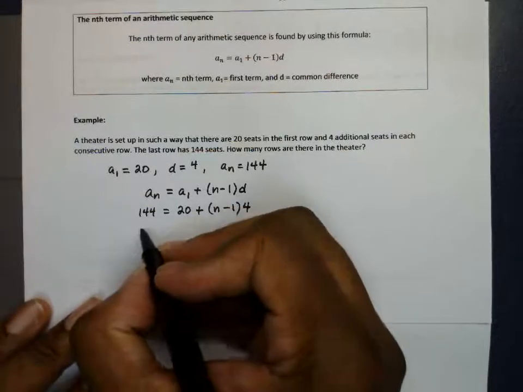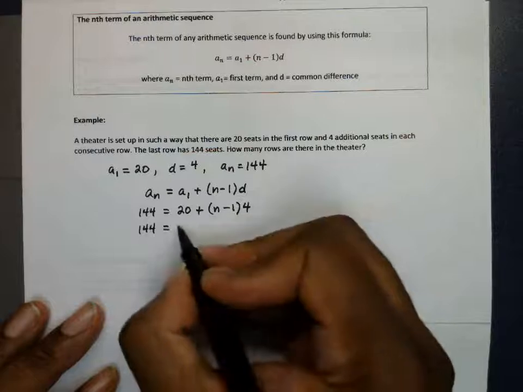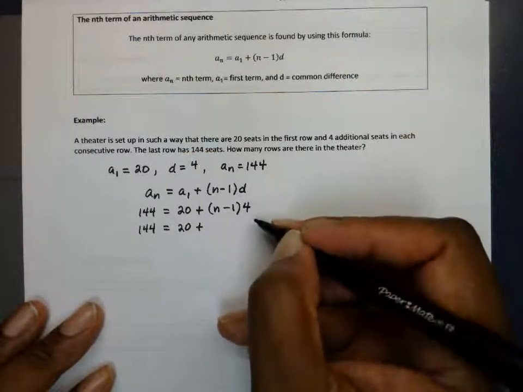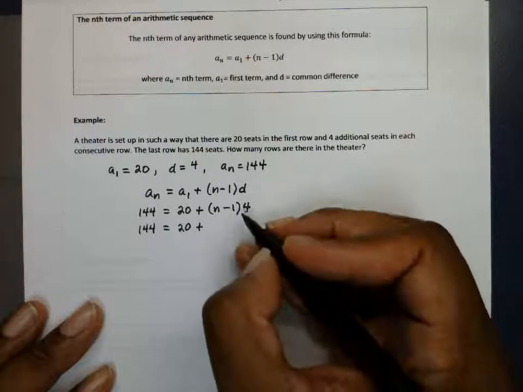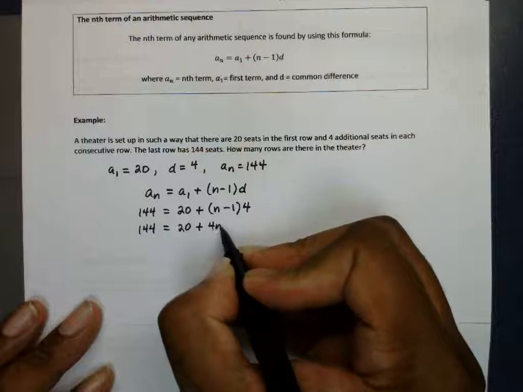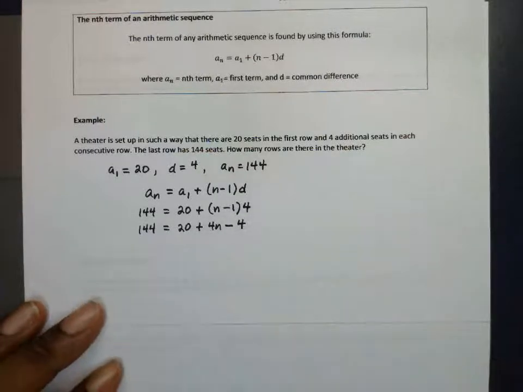Okay, so I'm going to bring down the 144, and that's equal to 20 plus, if I use the distributive property, I can multiply 4 times the n, that will be 4n, minus 4 times 1, which is 4.